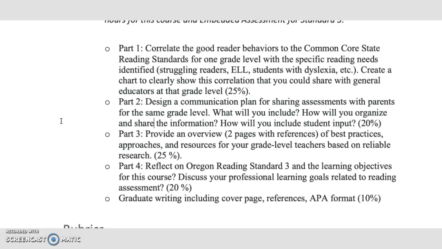And the last is really looking at the Reading Standard 3, and it's an Oregon reading standard, but it's based on the International Reading Standard, so it would be very similar across different states on reading assessment and learning objectives for this course. So this is the chance to do kind of a self-assessment. And that, my friends, is really what the course is organized around.